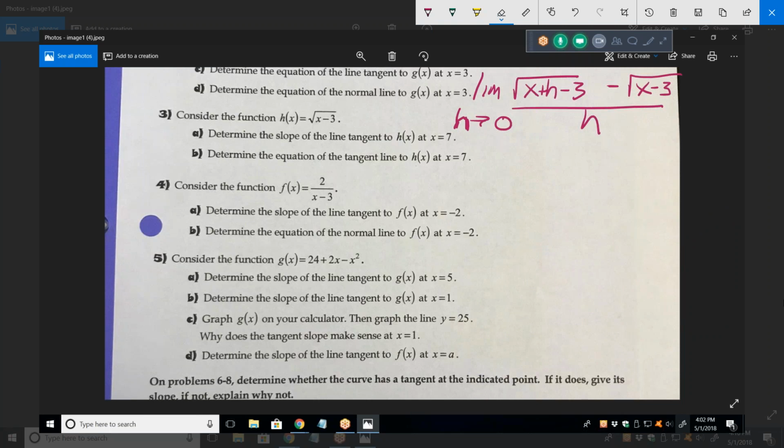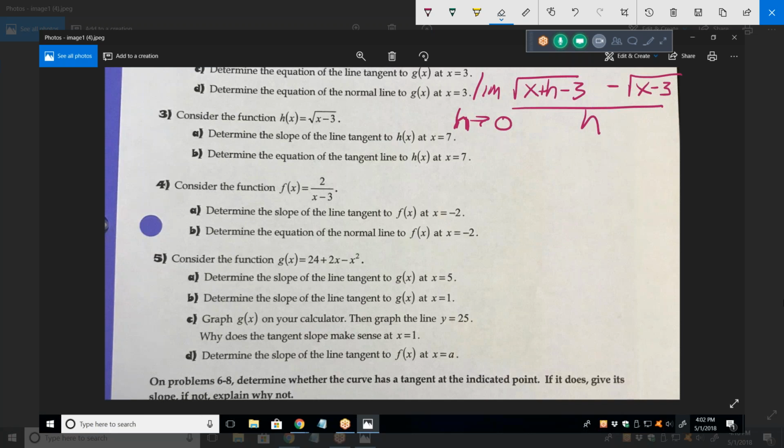How about if we multiply, let me think for a moment here. Whenever you see radicals like this, you generally want to multiply by the conjugate. Okay?